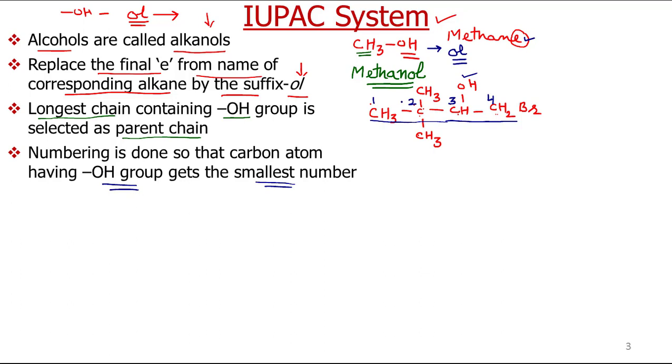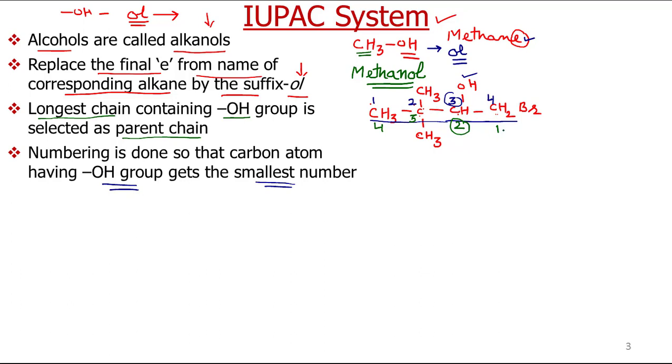If we start numbering from this side, OH will get the third position. Now if we start numbering from this side, 1 2 3 4, the OH group is attached to the second carbon. So now 2 is less than 3.